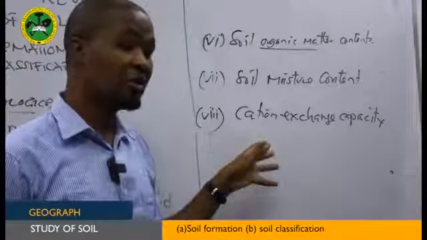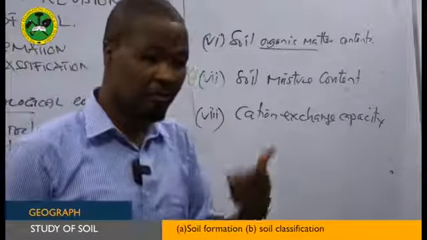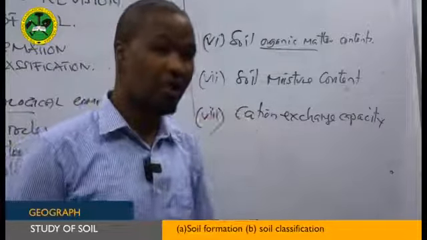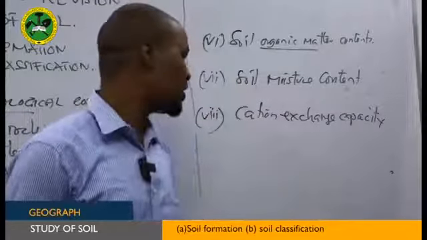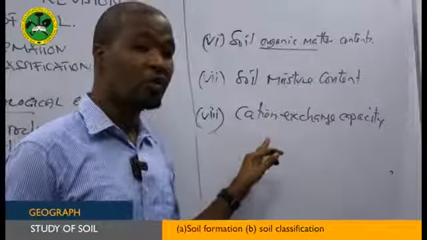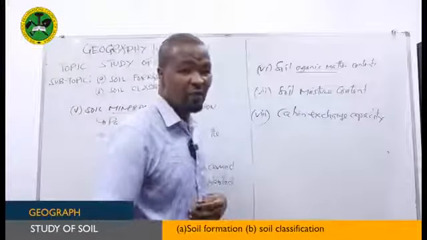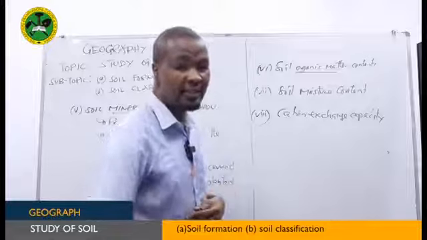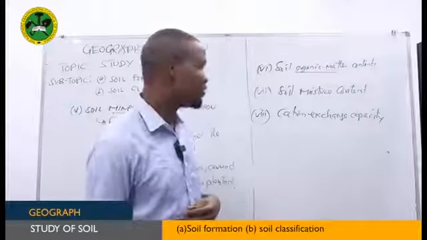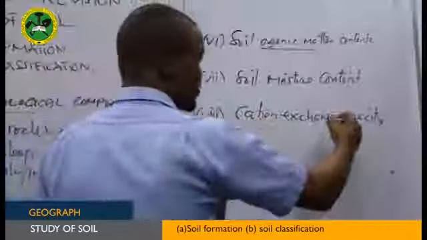At this point, the soil changes from acidic to alkaline. It depends, as most of the materials which are basic in nature may determine whether the soil is productive or not. That's why we say cation exchange capacity.